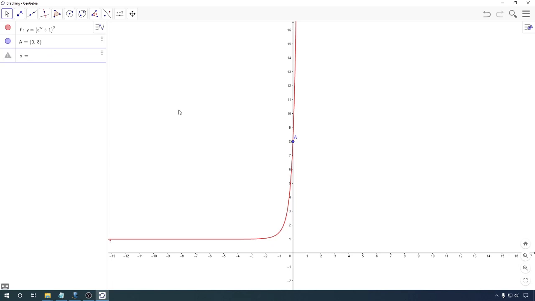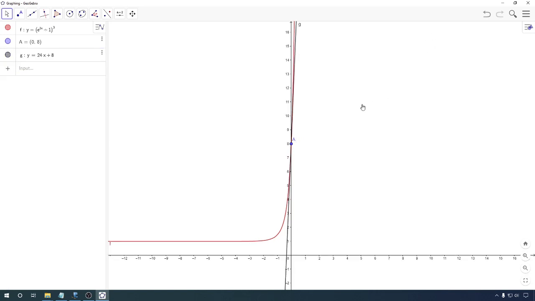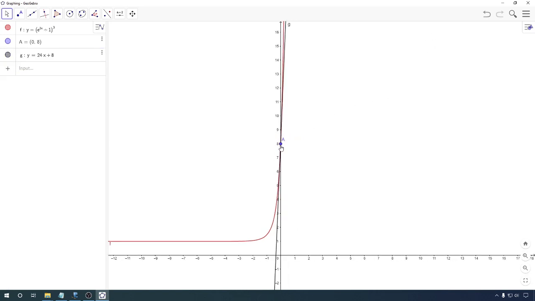We have the supposed tangent line of y equals 24x plus 8. And that just hits right there at that point. Actually, it's hard to distinguish between that and the function, but you can kind of tell that that looks pretty much correct. And it is exactly correct. But we just wanted to make sure from our graph.